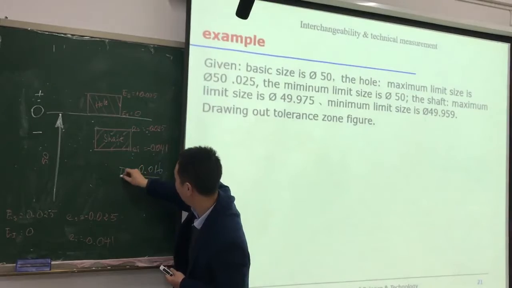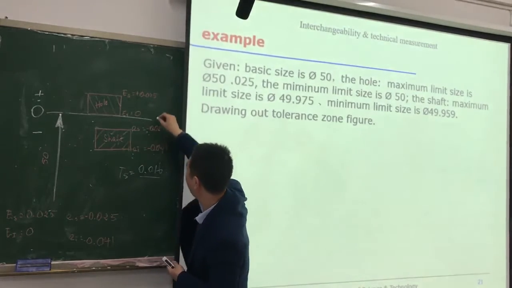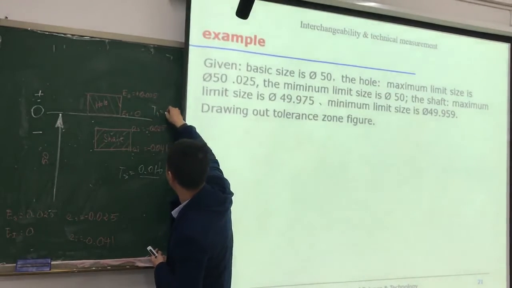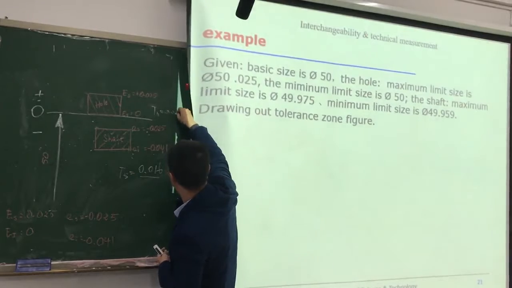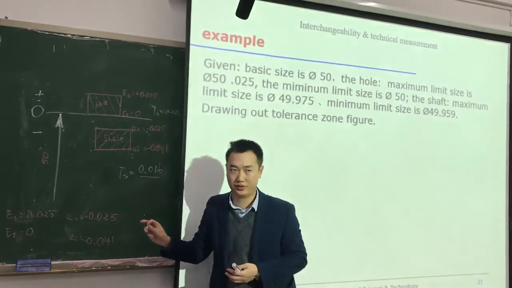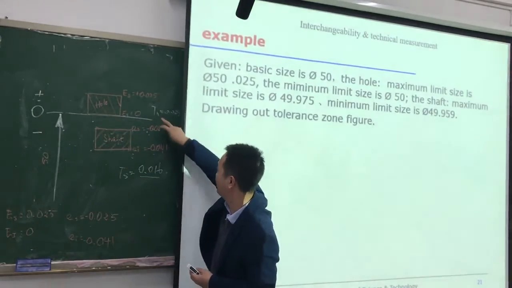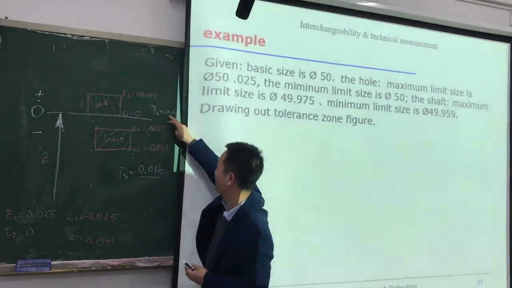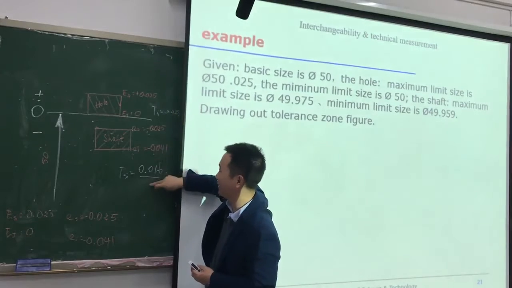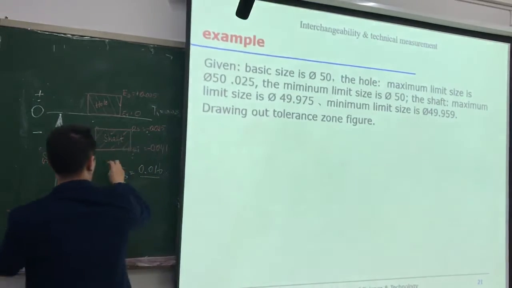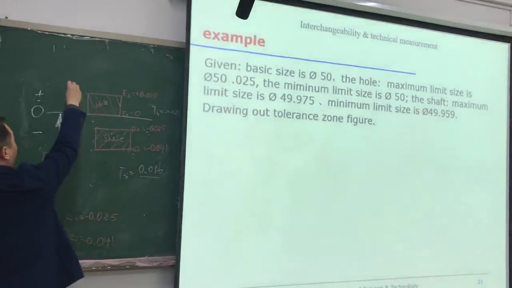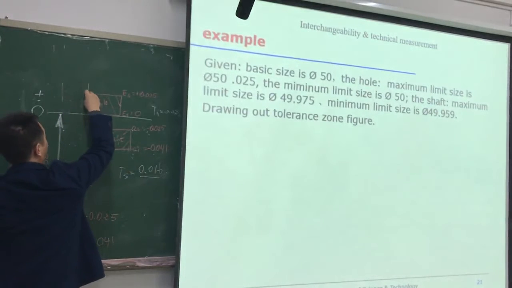This is the Ts. We also got this Th equals to. So when you draw the tolerance zone for the hole and shaft, you need to also check if this value is bigger than this. So it's bigger than this one. So you can draw it bigger accordingly.